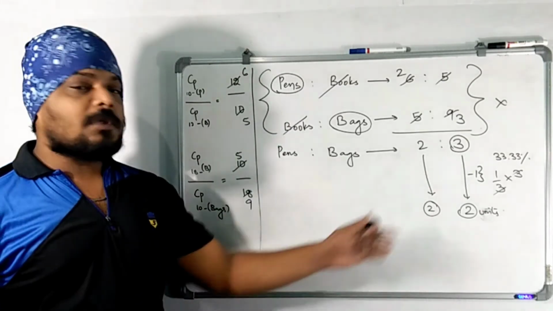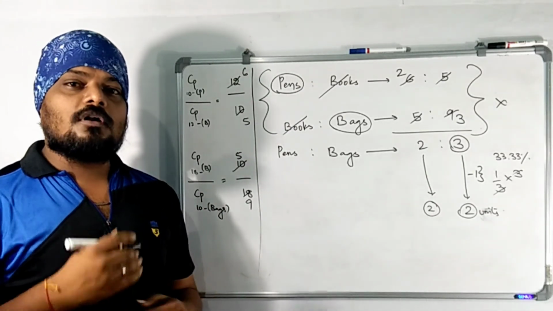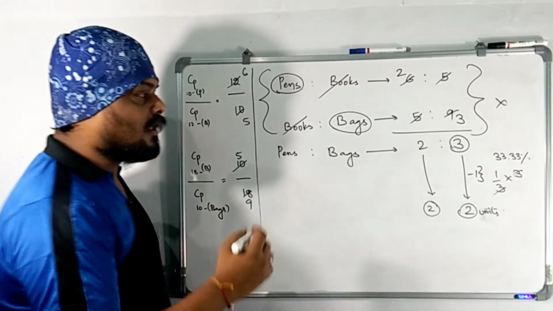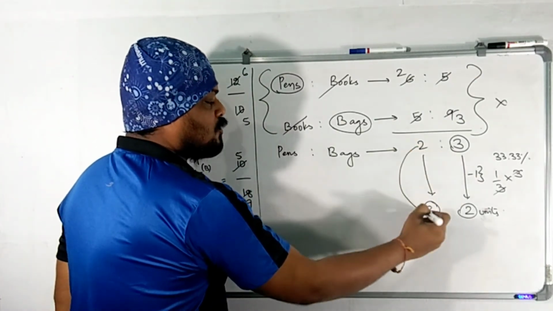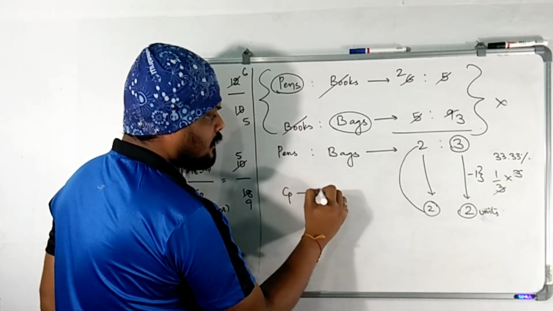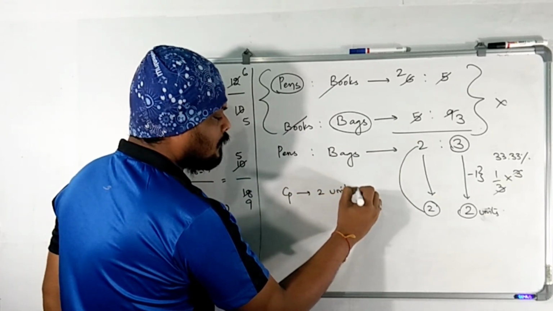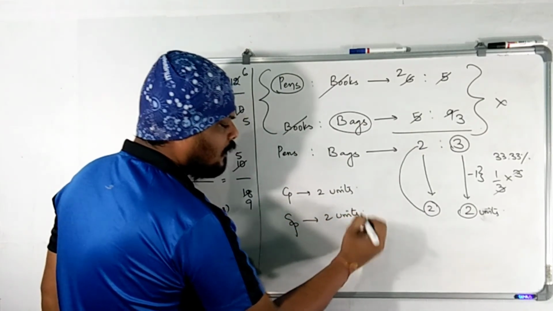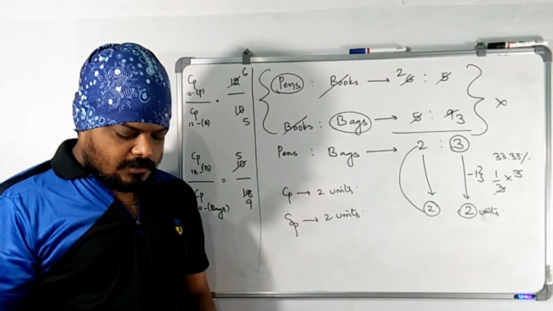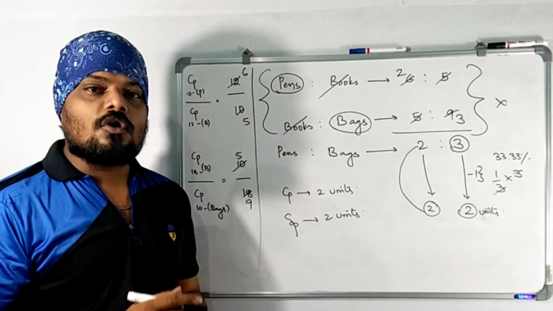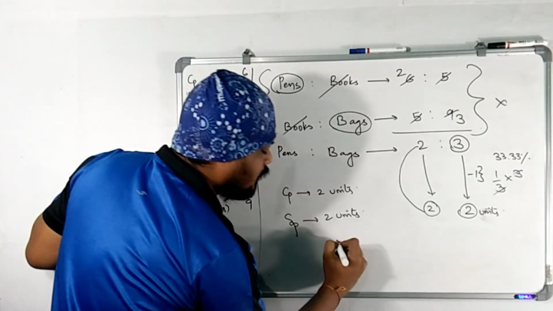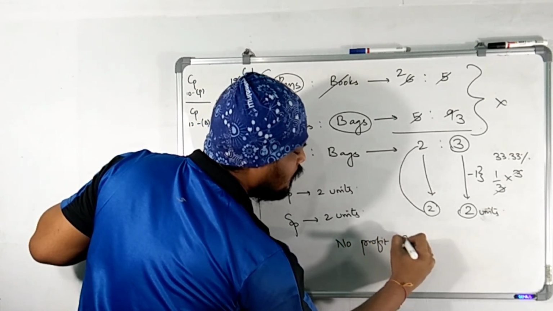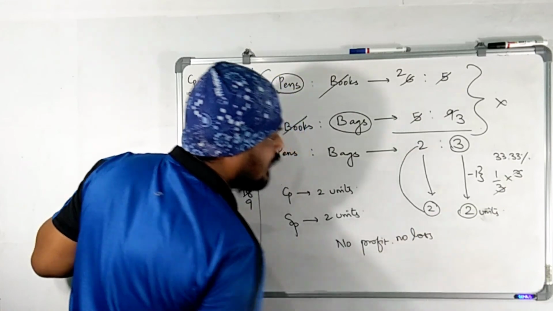How much percentage profit or loss does he get here? The cost price is 2 units, and the selling price is also 2 units. There is no profit and no loss in this question. So the answer is no profit, no loss exactly.